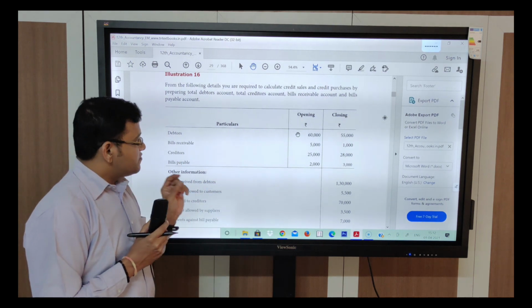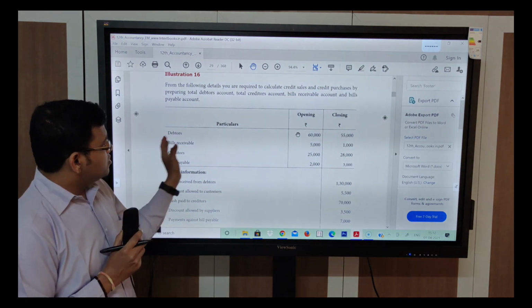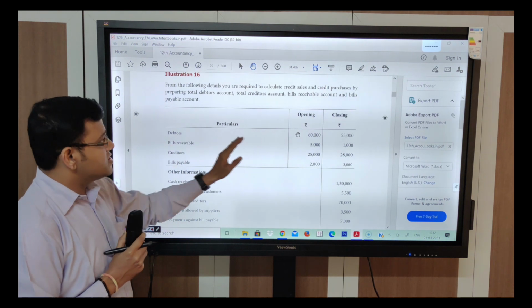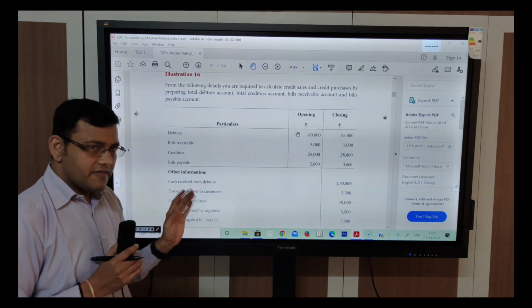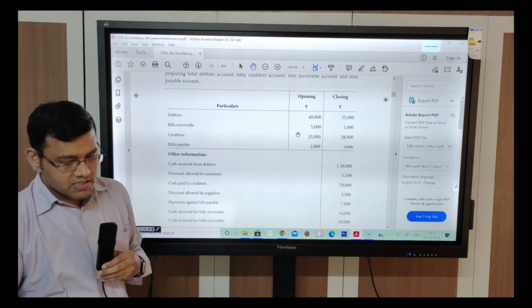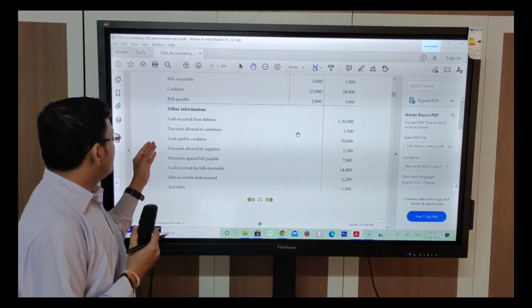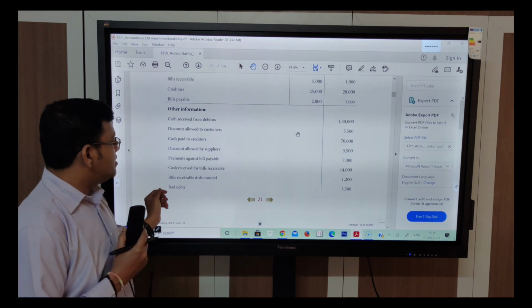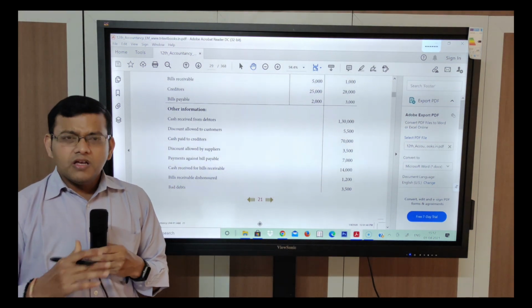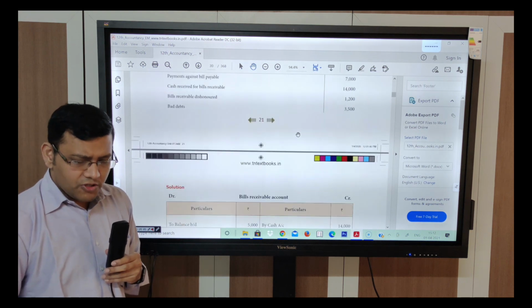You have to just fill the format. The opening and closing of debtors, bills receivable, creditors and bills payable is given, and then whatever cash is received, discount allowed, cash paid, discount allowed by suppliers, bills receivable, bad debts, everything is available. So it's just fill in the blanks for you people.